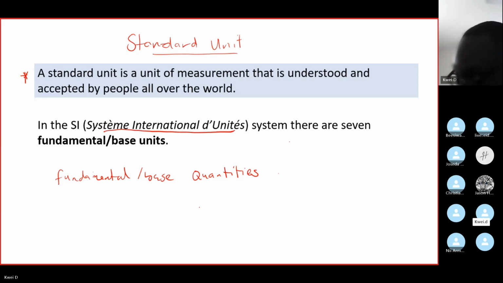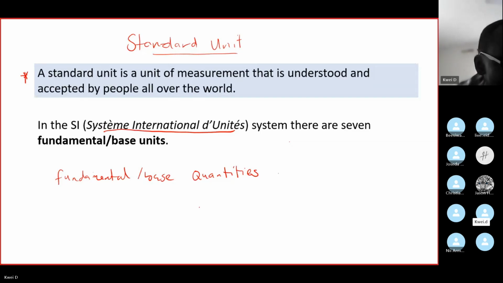Mass can be measured, so mass is an example of a quantity. You can measure weight, so weight is a quantity. Anything that can be measured is called a quantity. But fundamentally, we have 7 of them. Any other thing you can measure is a combination of these 7.